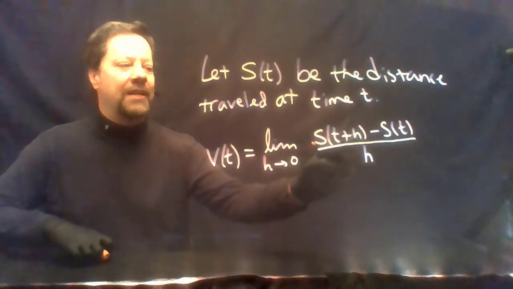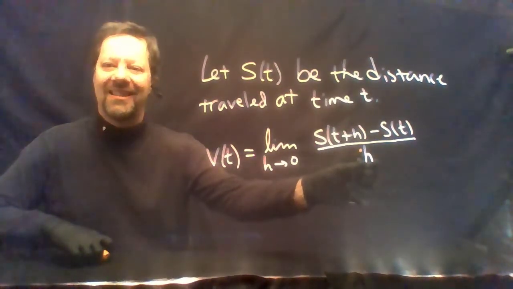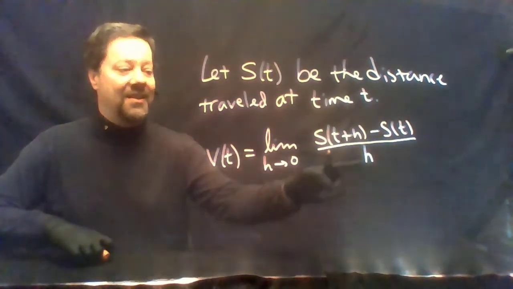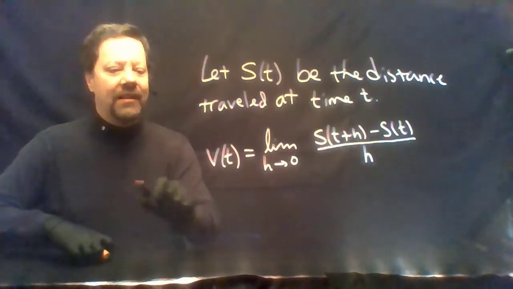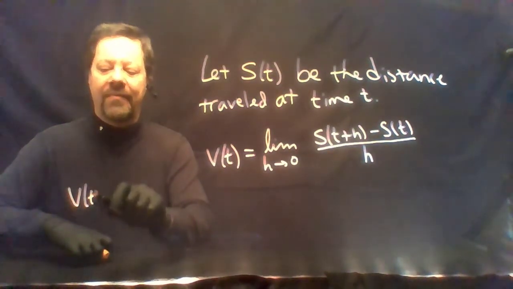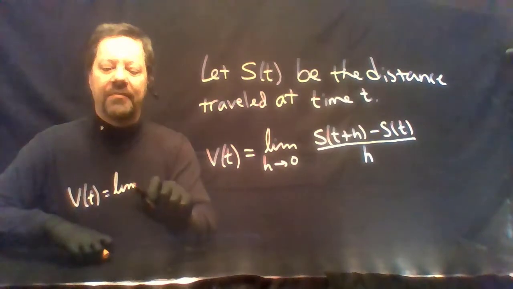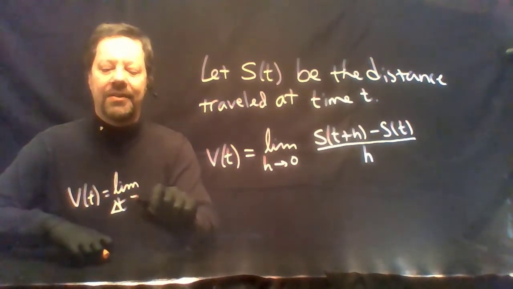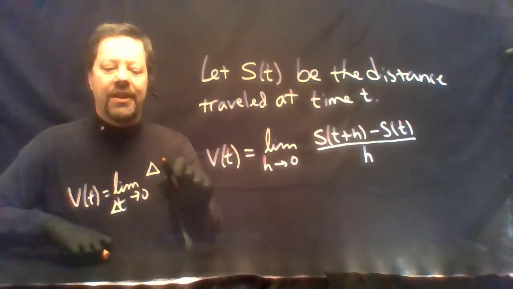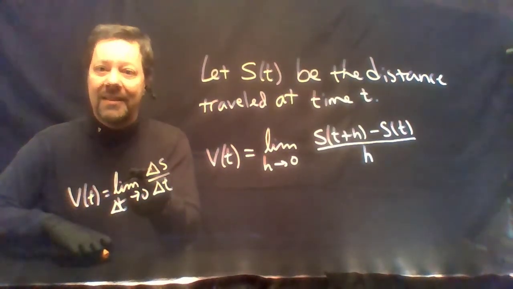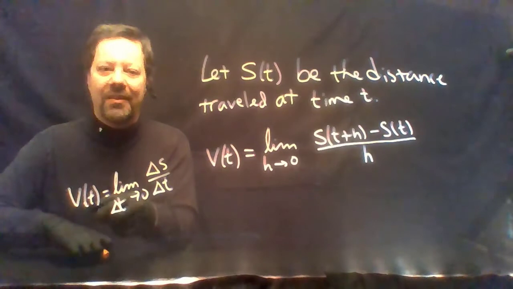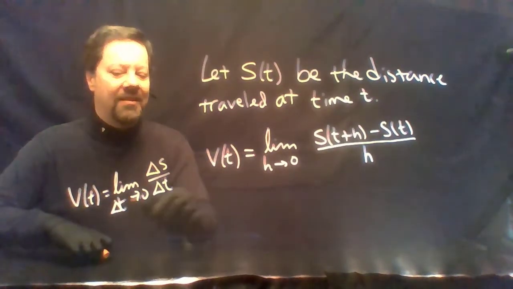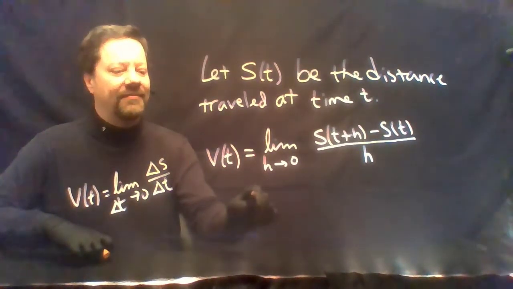The difference between t plus h and t is h. This is the change in time. We can think of this velocity as the limit as delta t goes to 0 of the change in position divided by the change in time. Distance divided by time is rate. But we have to take the limit.